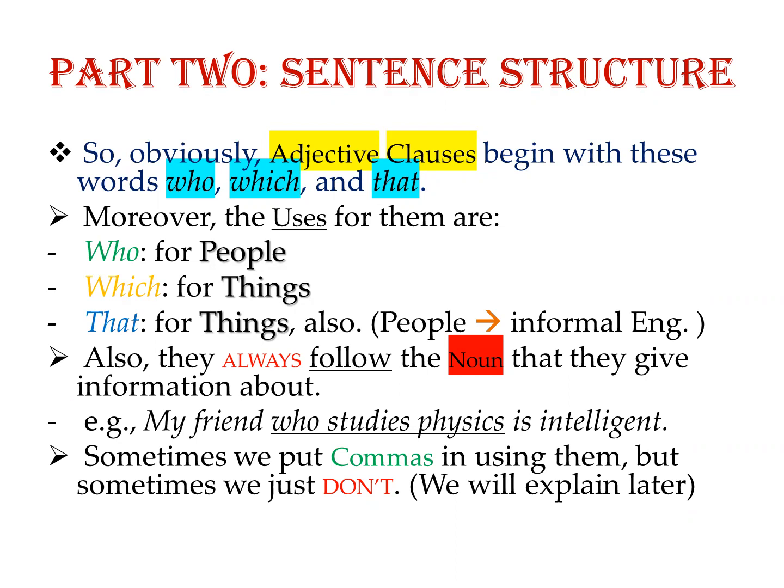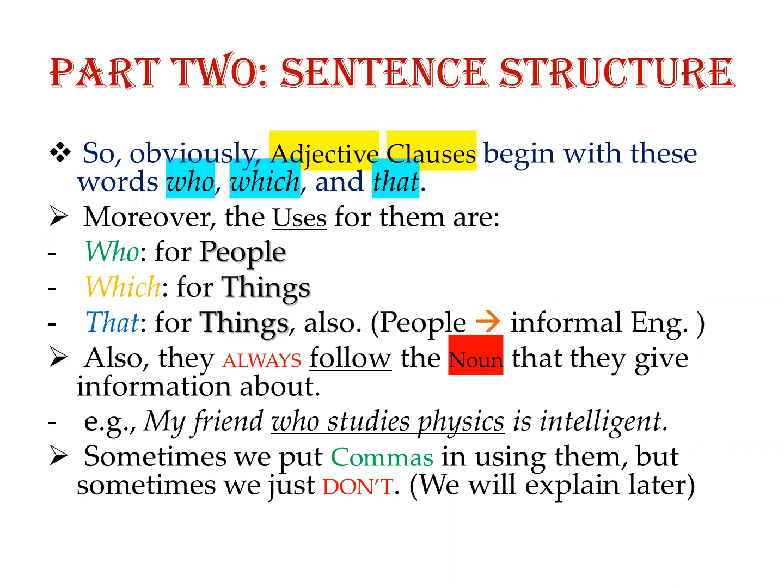Anyhow, who is for people, which for things, and that is also for things, but it can be used for people in informal English. But here we are learning formal academic writing, so it is absolutely formal. So don't use that for people. Also, they always follow the noun that they give information about.